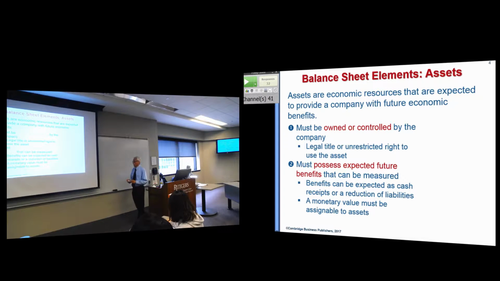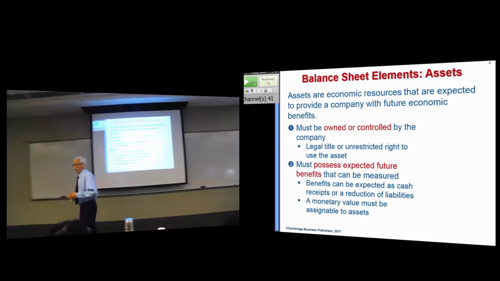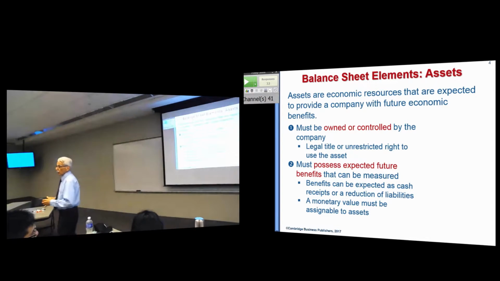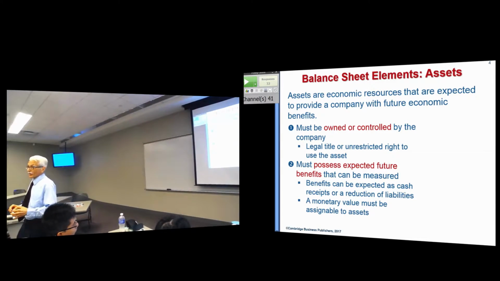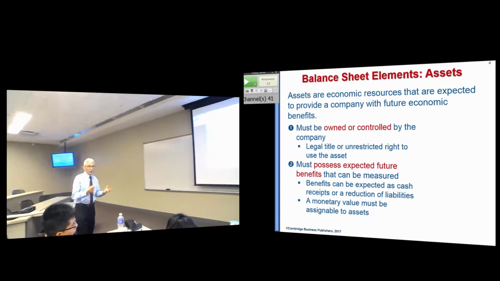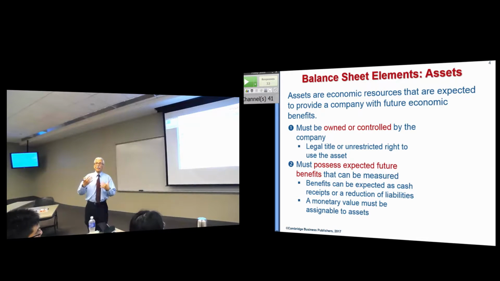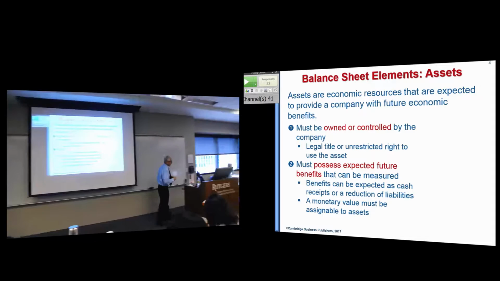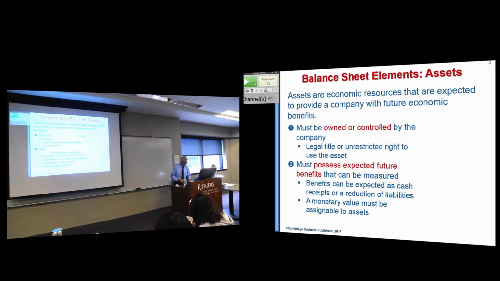They must be owned or controlled by the company. That means they either have legal title or unrestricted access to use the asset. They have the right to control the asset. Now, the control of the asset means that you could lease an asset and get the same economic benefit as you would if you had purchased that asset. And those benefits, the expected future benefits, are where you're going to be adding to shareholder value.